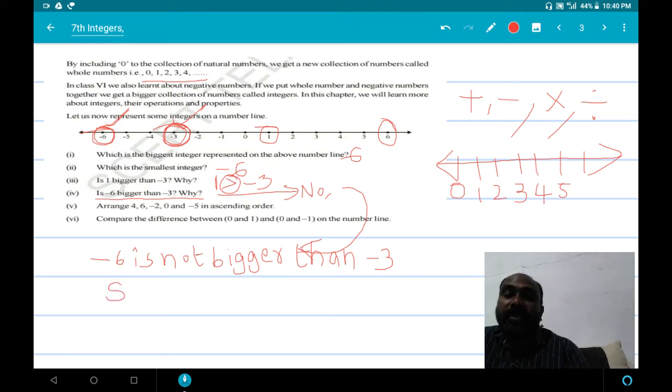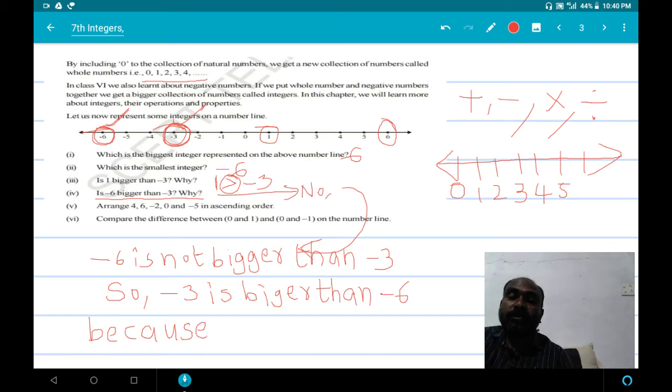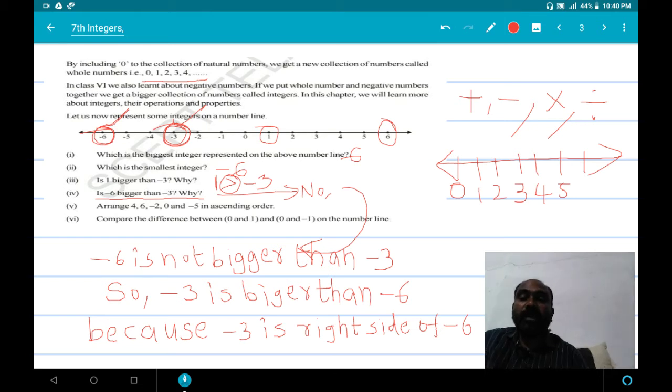So minus 3 is bigger than minus 6, because here minus 3 is right side of minus 6. Okay, right here, next one.